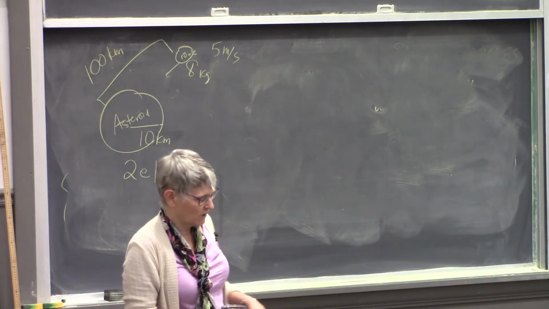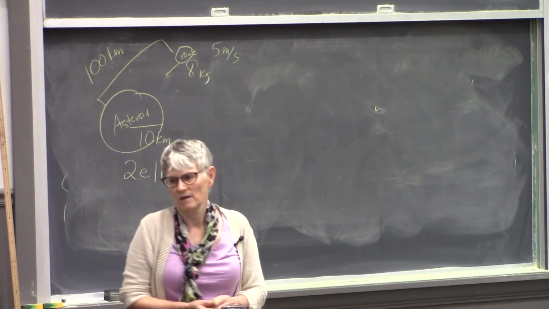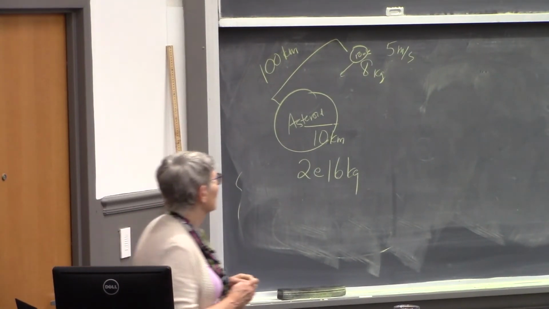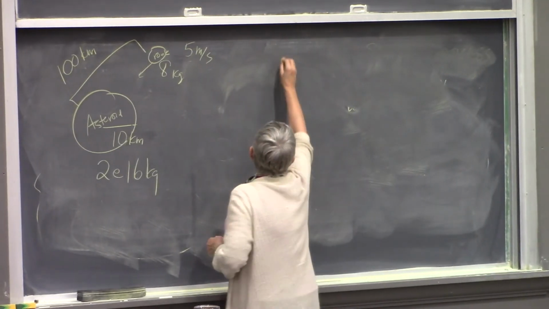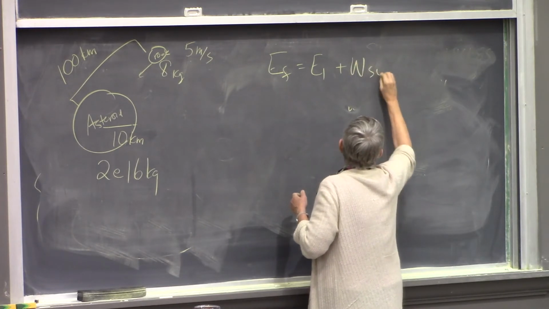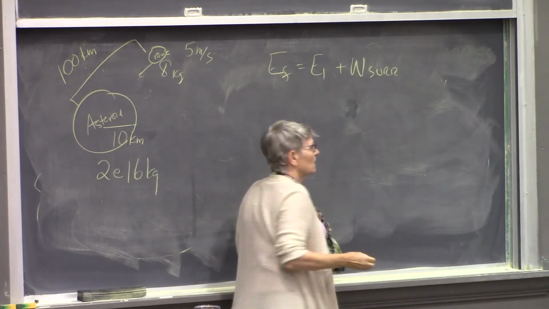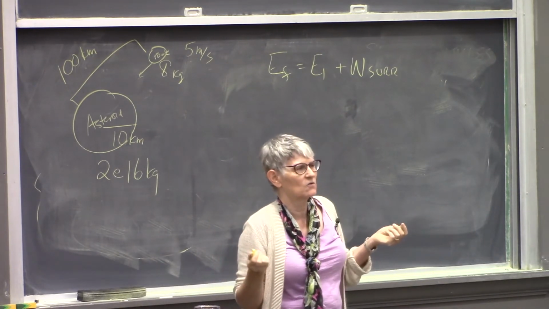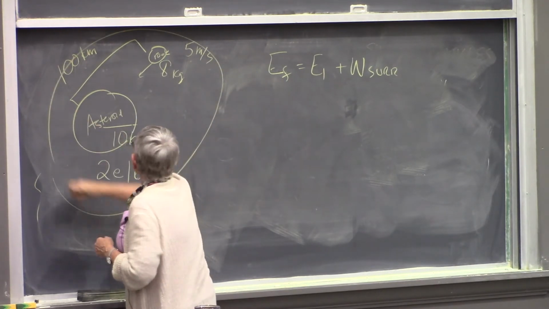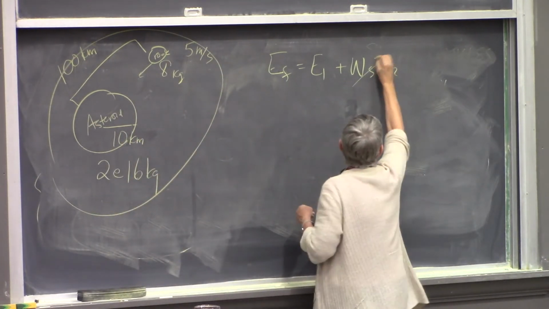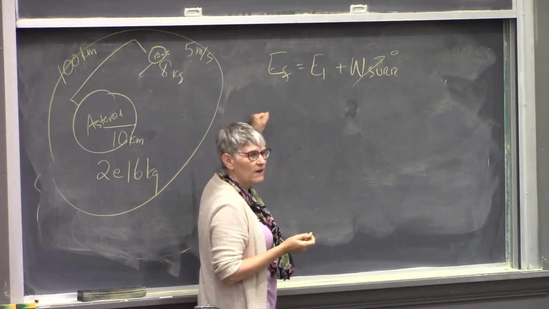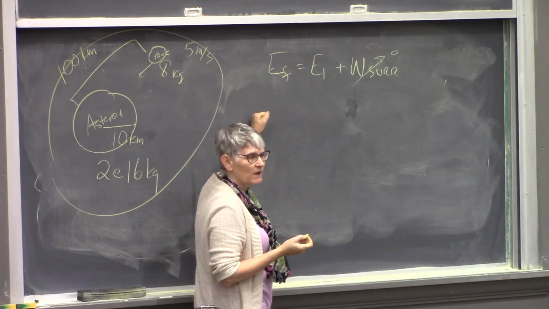So how do we solve a problem involving the energy principle? We write down the energy principle, right? E final is E initial plus work done by the surroundings. And in this particular case, we're going to take the rock plus the asteroid as the system. So that work is going to be 0. So the final situation is going to be, what do we have here?